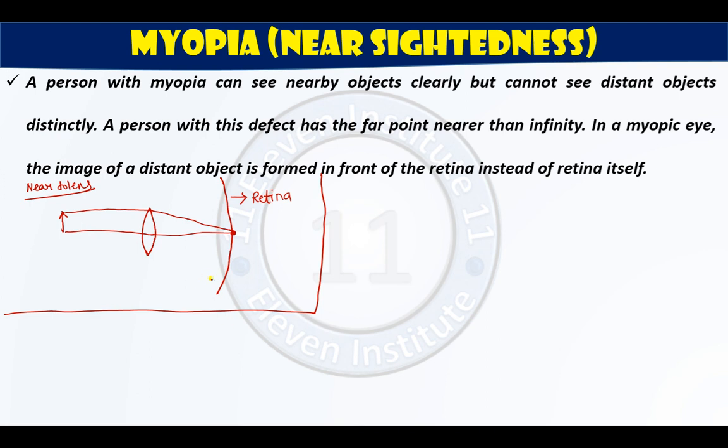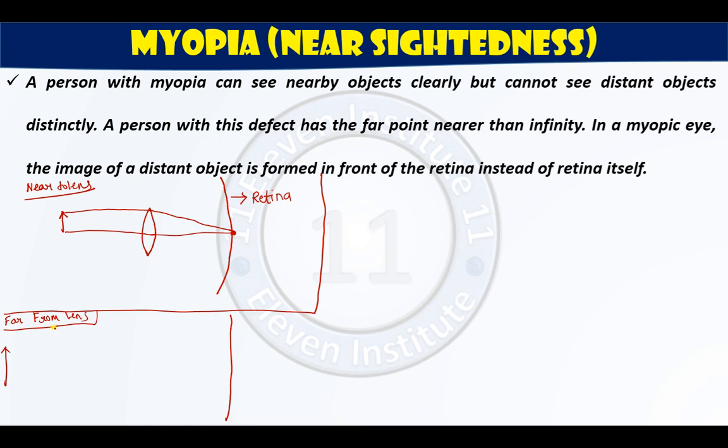Now let us consider again, I will draw over here the retina, and I will place the object far away. So I can write over here, the object is far from the lens.